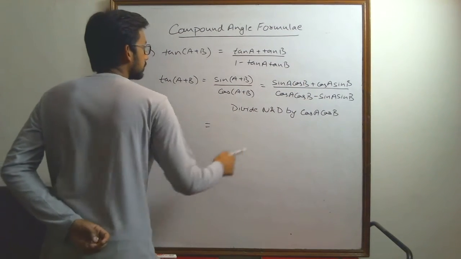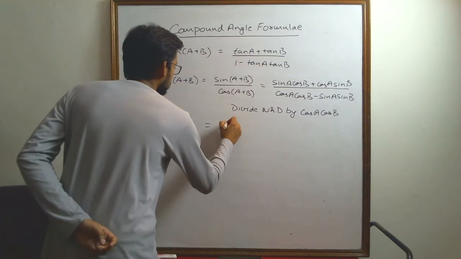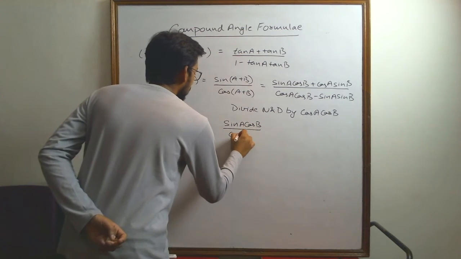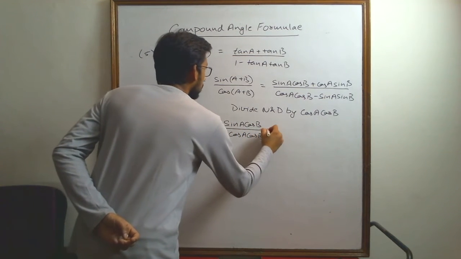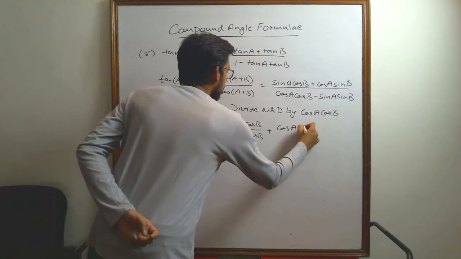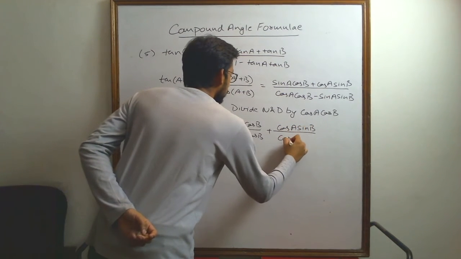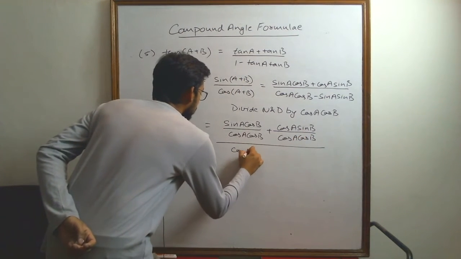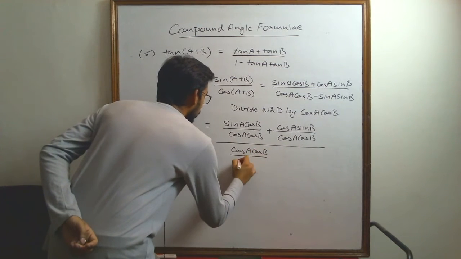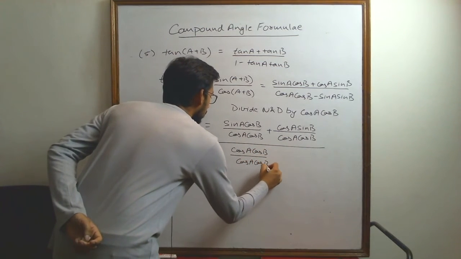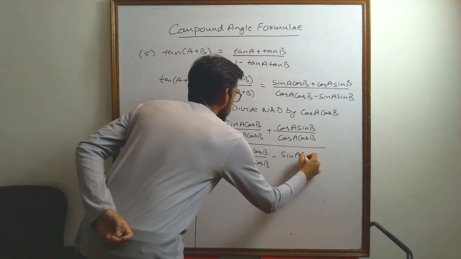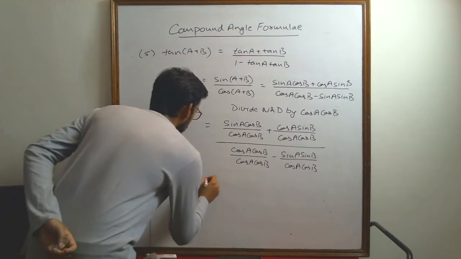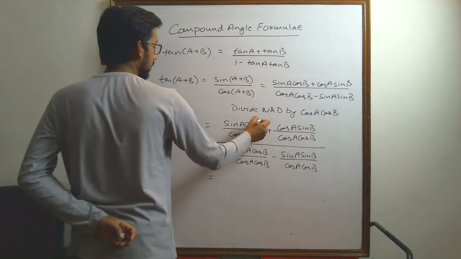So by dividing the numerator and denominator by cos A cos B, we get sin A cos B upon cos A cos B plus cos A sin B upon cos A cos B, whole upon cos A cos B upon cos A cos B minus sin A sin B upon cos A cos B. Alright, so now cos B gets cancelled here.